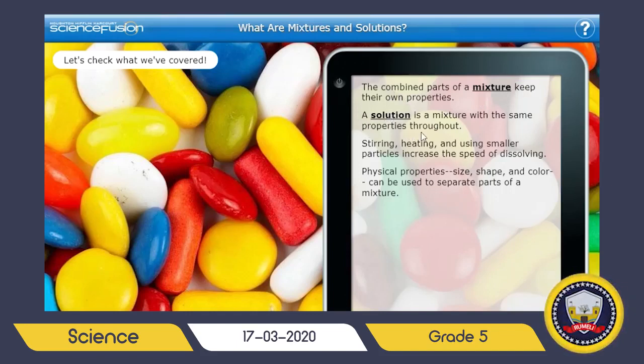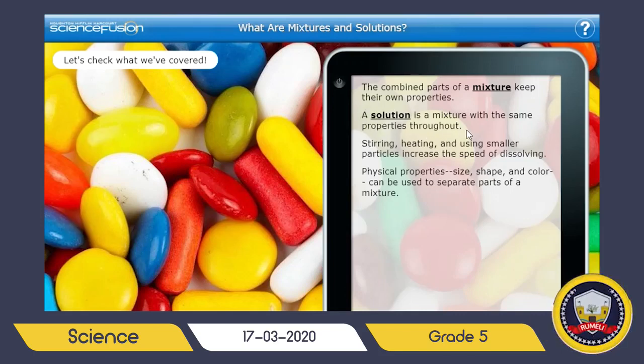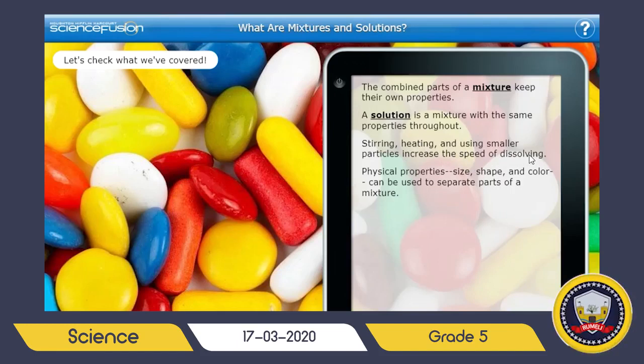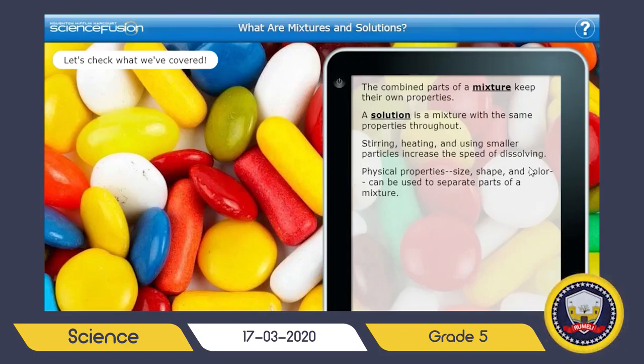A solution is a mixture with the same properties throughout. We said that solutions are also mixtures, but they should have the same properties like taste, appearance, and color. So we expect a solution to have the same properties throughout the mixture. What we learned yesterday: stirring, heating, or using smaller particles can increase the speed of dissolving. If you tried the experiment in our last session, solve it by yourself.